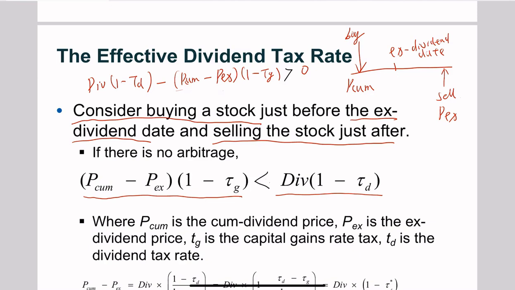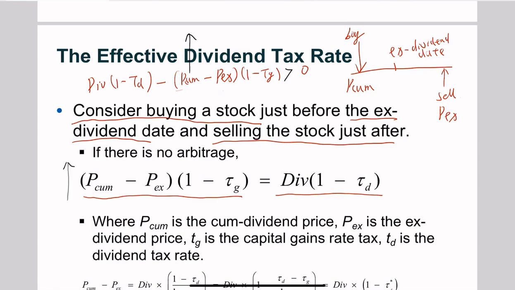Then this will push up this PCUM, right? This will push up the firm's cum-dividend share price. So this implies the left-hand side will increase. And then this inequality will disappear. In the end, we will have this equality.